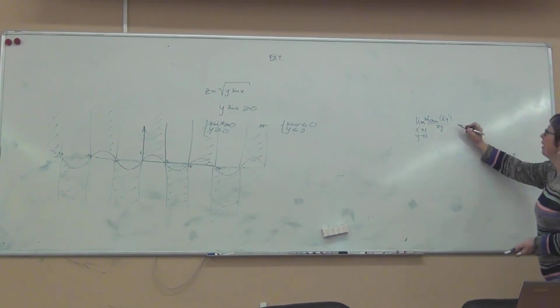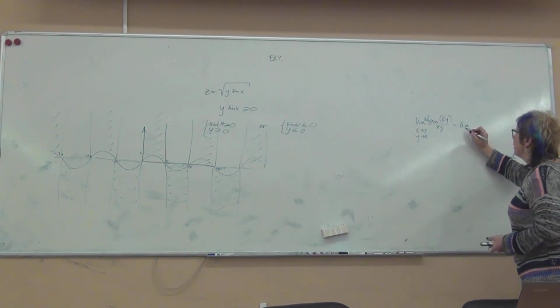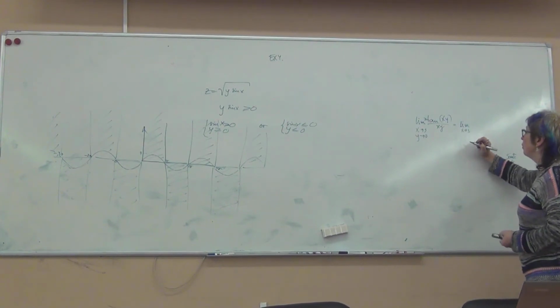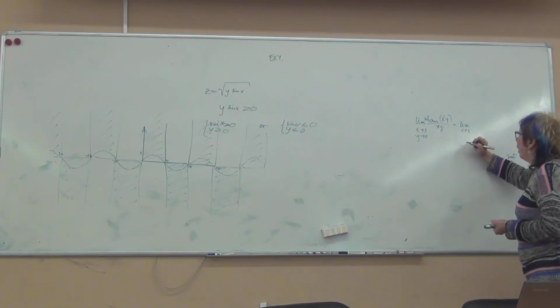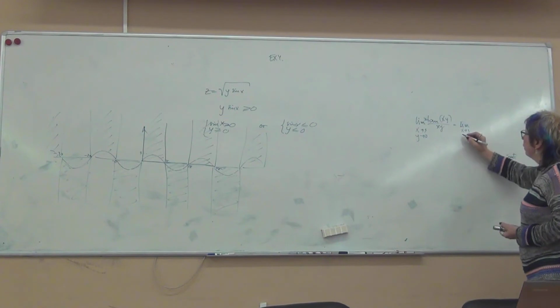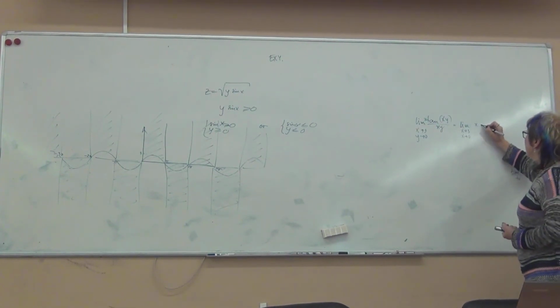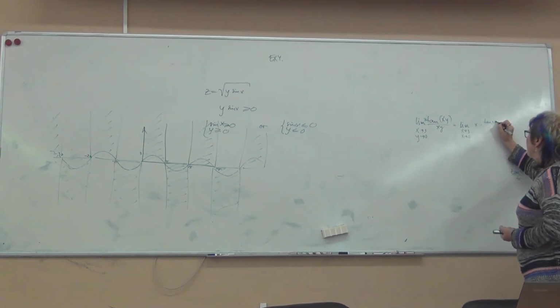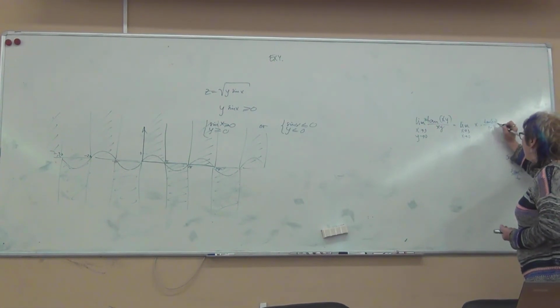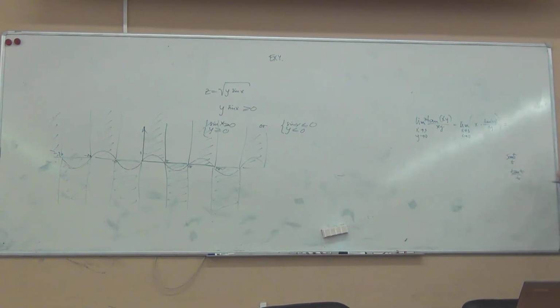So now I can think of this as the limit when x tends to 3 and y tends to 0 of x times tangent xy divided by xy, separately. So I understand that this tends to 1, and x tends to 3, so it's 3 times 1, it's 3.